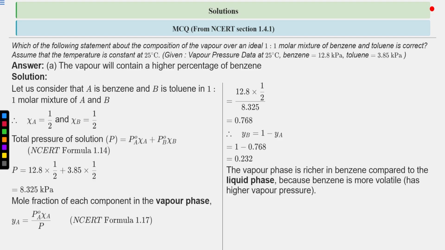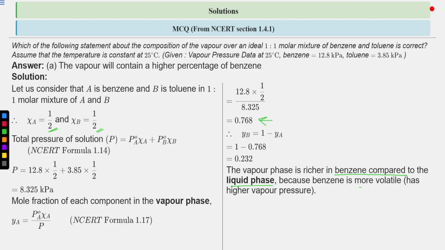Now the vapor phase is richer in benzene compared to the liquid phase, right? In the liquid phase, we have the mole fraction of benzene as 1/2, and toluene is also 1/2. But when you calculate the mole fraction of each component in the vapor phase, benzene compared to toluene is larger, right?